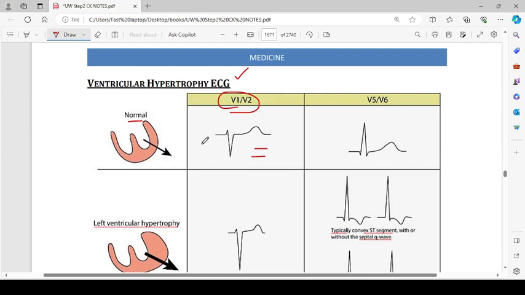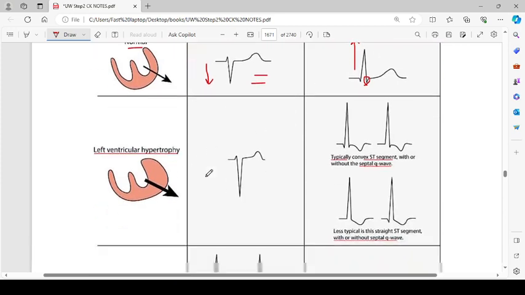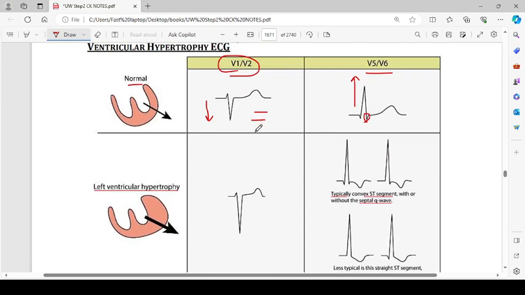In leads V1 and V2 there is a prominent S wave, and in leads V5 and V6 the S wave has become shortened. This is the S wave, and the R wave is more prominent in leads V5 and V6. In left ventricular hypertrophy, leads V1 and V2 look something like this.